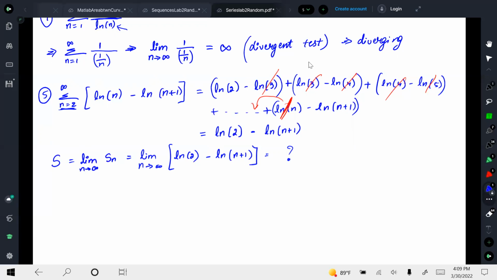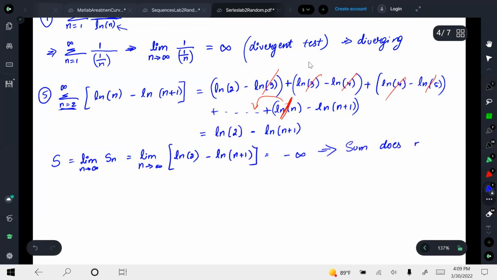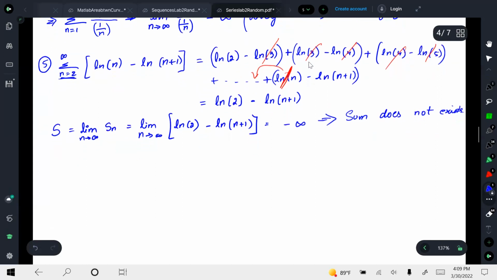Oh, great. Yes, the answer is negative infinity. Okay, so what does that mean? That means the sum does not exist. So that's how you solve a type 5 problem.